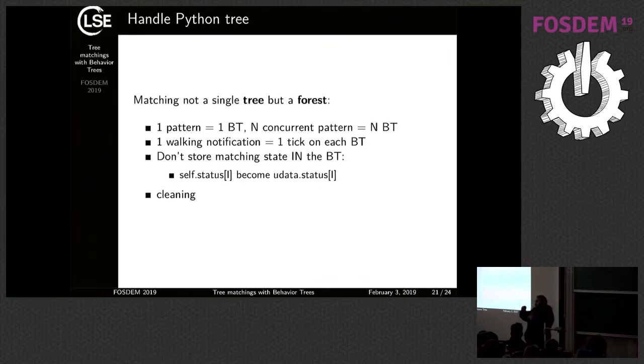So I need to create another store to store this sub-element. So my self.status, my previous self.status that allowed me to store the current status of a behavior tree, is now stored in the user data. User data is another parameter provided to the behavior tree.